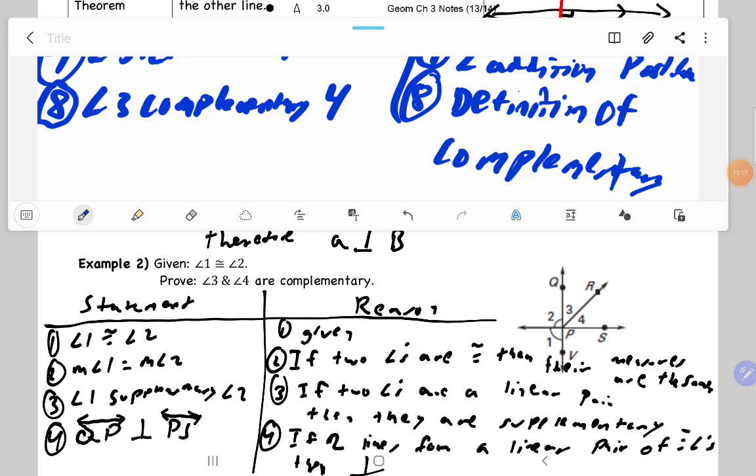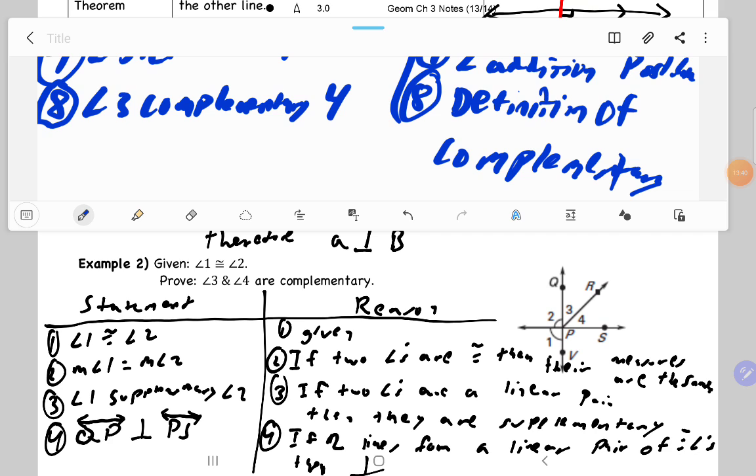Angle 1 is congruent to angle 2. That means their measures are the same. If their measures are the same, that means they're also supplementary because they add up to 180. And they're a linear pair. So since they add up to 180 and they're the same, that means they're both 90 degrees.